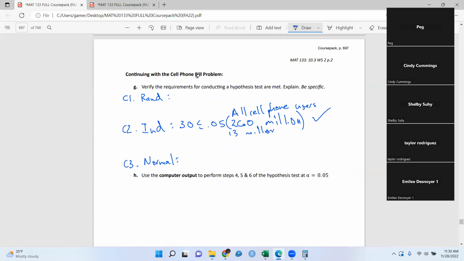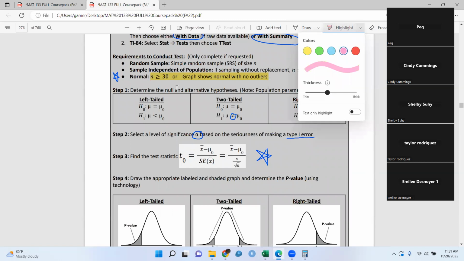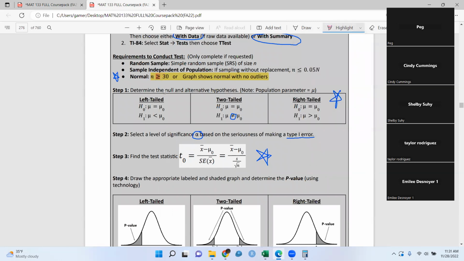Okay, also, now tell me about normal. So normal is just that n is greater than or equal to 30, so it's done. Well, it's 30, and is 30 equal to 30? Right. So it's met. We're good. If it had said greater than 30, you'd be right, Peg. We'd have to think about that. But because of this equal to sign underneath the inequality, if we have 30 or more, we're set.